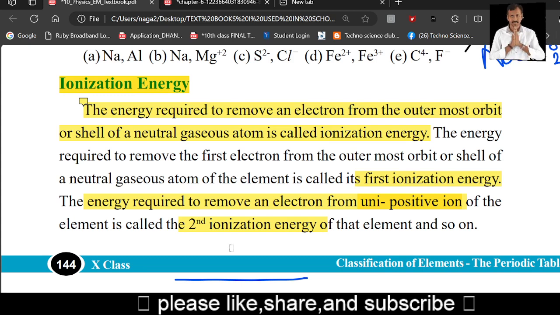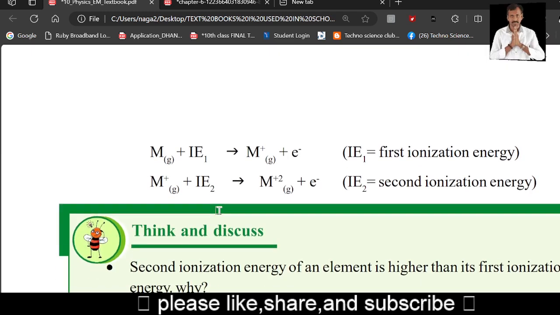In that way, the energy required to remove an electron from the outermost orbit of an atom is called ionization energy.